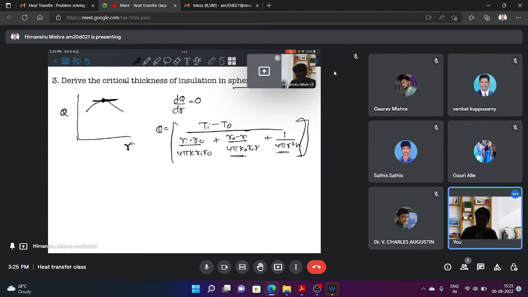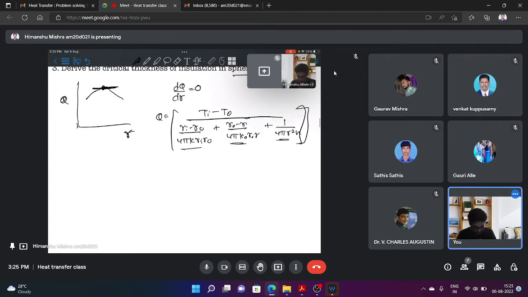This is the resistance of the insulation that I keep adding, and this is the resistance of the spherical body. Now we need to differentiate this expression with respect to R and equate it to 0, and we will get the critical thickness as 2K by H for the spherical body.